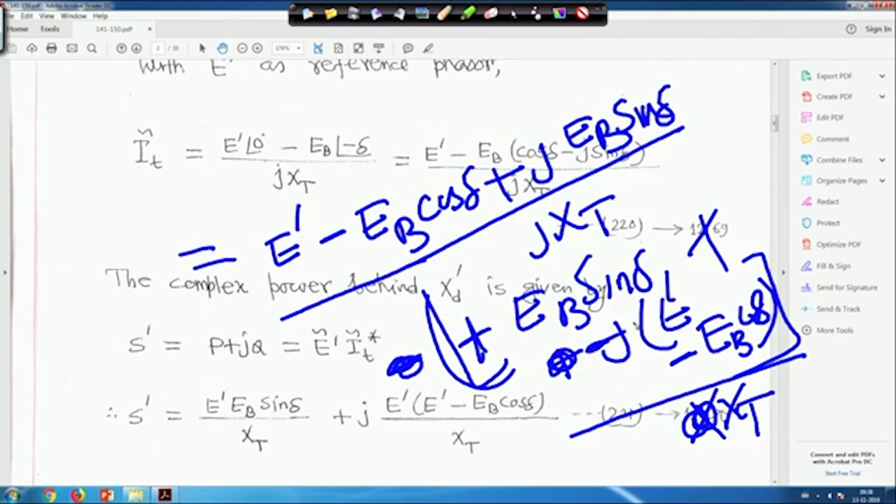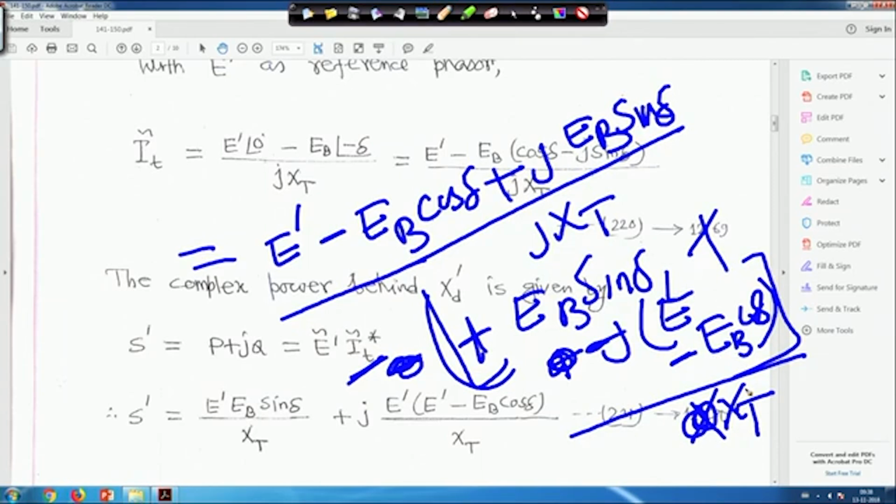If you take its conjugate, because P plus jQ is equal to E' tilde I_t conjugate, then it will be basically E_b sin delta minus j (E' minus E_b cos delta) upon x_t.